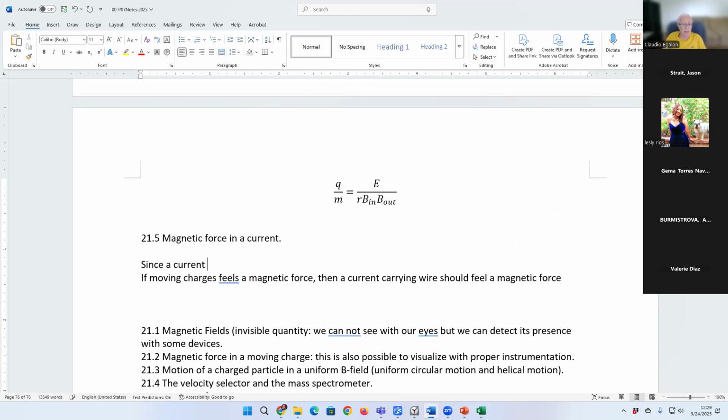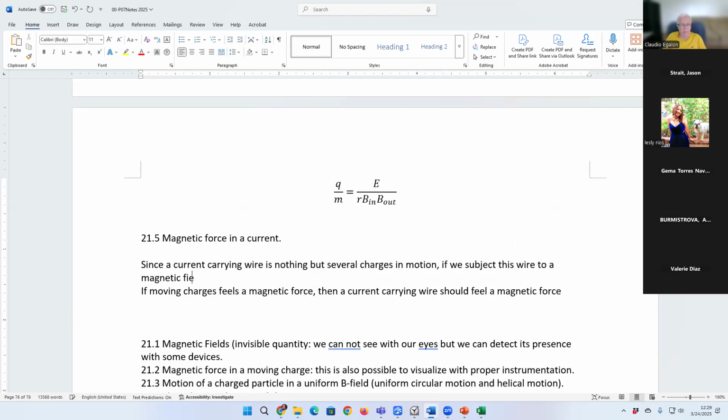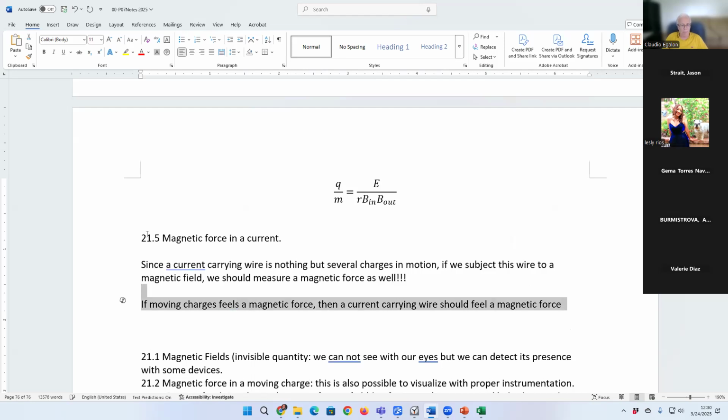Since a current carrying wire is nothing but several charges in motion, if we subject this wire to a magnetic field, we should measure a magnetic force as well. You get the idea?